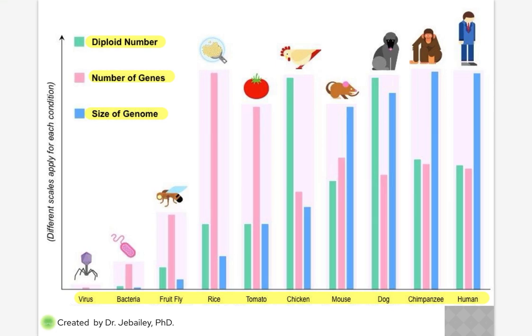We can see that rice has a lot more genes than even humans. But the ones with the highest diploid number in this case are the humans. And then for the size of genomes, you can see that the chimpanzees have a bigger number of ATCGs, while the bacteria has the smallest. So this is just comparing three things: the amount of ATCGs, the amount of genes, and the amount of chromosomes.